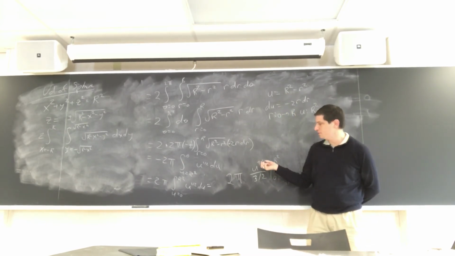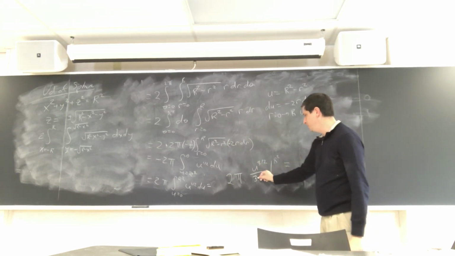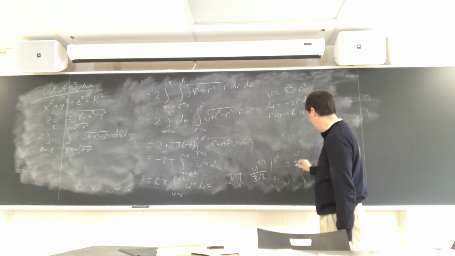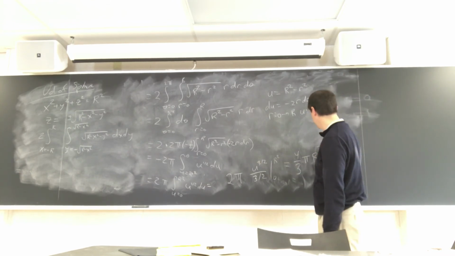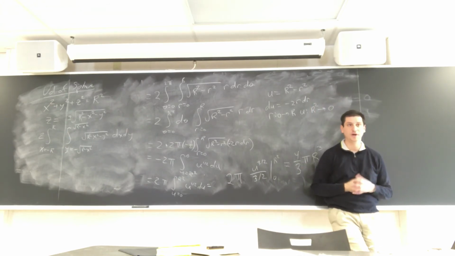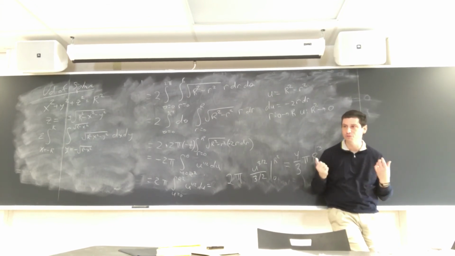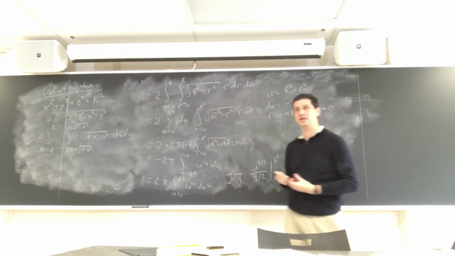Because now if I take the derivative of u to the 3/2, I'll get 3/2 u to the 1/2 divided by 3/2. The dividing by 3/2 gives me 4/3 pi, and R squared to the 3/2 is R cubed. There's the volume of the sphere. That's not a bad result to get. And it all comes down from assuming that dx dy transforms to r dr d theta. This should really motivate us for the work that's coming ahead.